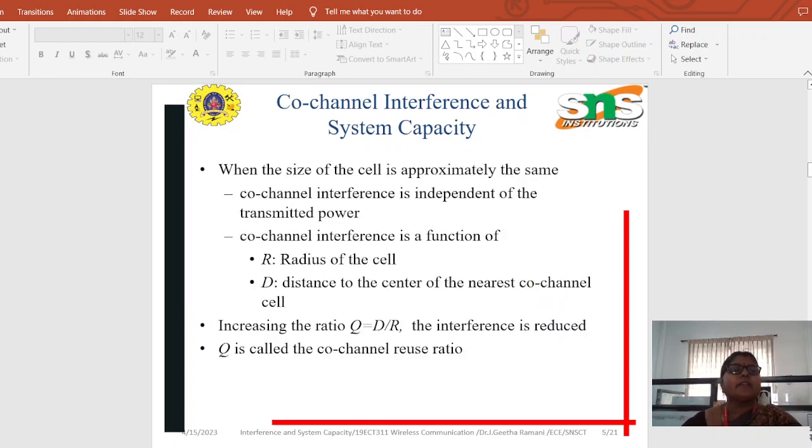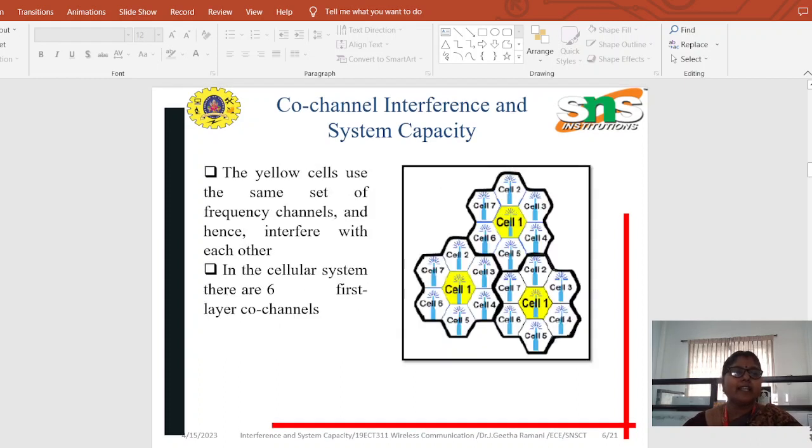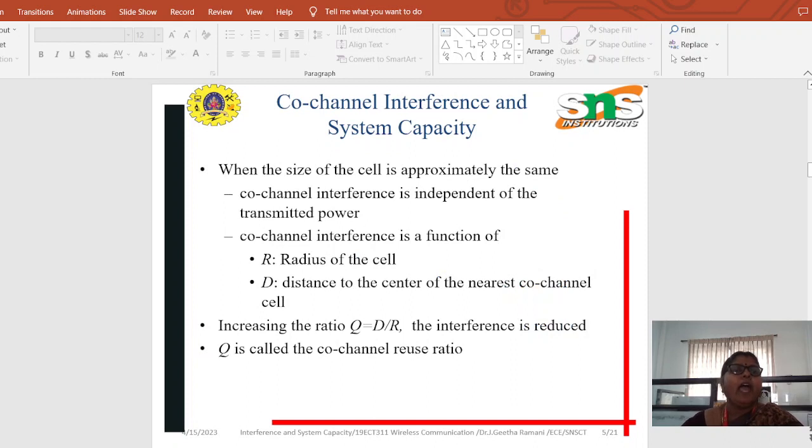Okay, suppose R is the radius of the cell and D is the distance to the center of the nearest co-channel cell. So D is nothing but the distance between the centers of the nearest co-channel cells. And the ratio Q, which is the co-channel reuse ratio, is D by R, where D is the distance and R is the radius.